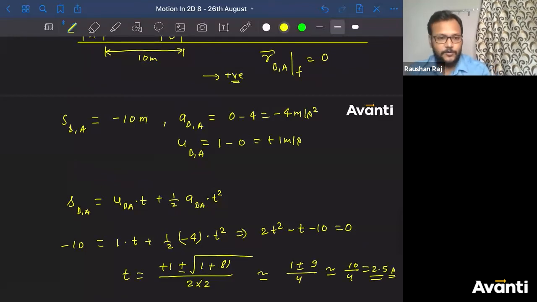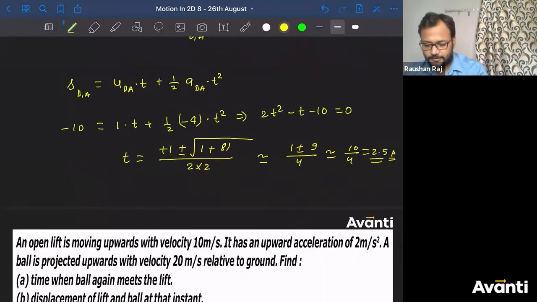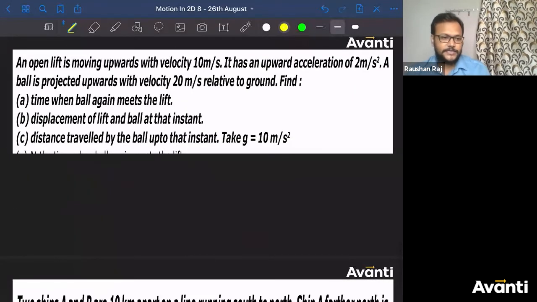All right, now let us move on to next question. Try to answer this. Come on guys, try to answer this. An open lift is moving upward with velocity 10 meter per second. It has an upward acceleration of 2 meter per second square.